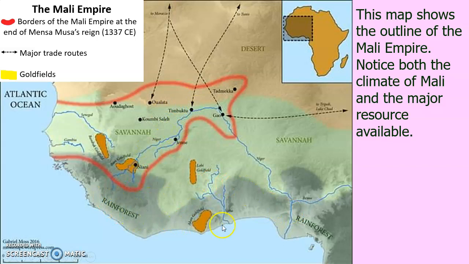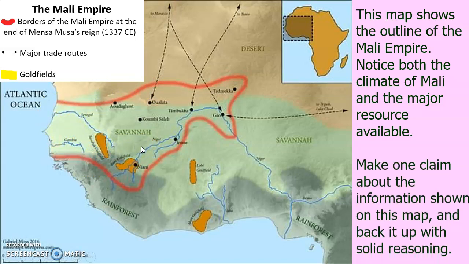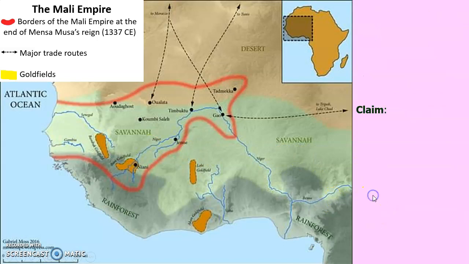We have the rainforest climate, we have the savanna climate, and we have a desert climate. What are the major resources that were available, especially in the Mali Empire? Good. So based on those 2 things, the information shown on this map, you will make a claim and you will back it up with solid reasoning.